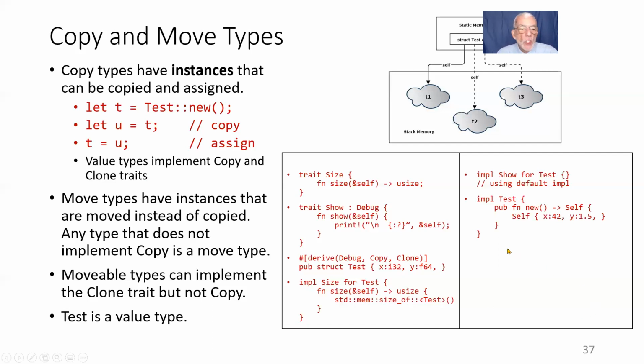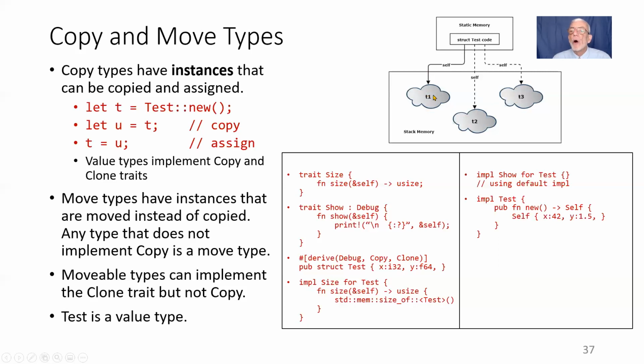Okay, and here, just like other languages, I have the layout. Here's my code for this test. Here's static memory. Here's the code for test. And when I implement these various objects, test 1, test 2, test 3, I have a self pointer.